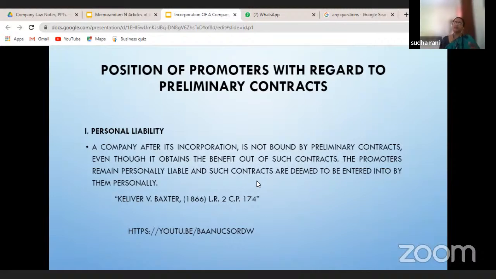Even in our surroundings, we used to observe this. Say a known person says, I want to start a coaching center, I need one room, and he doesn't know anyone in the city.